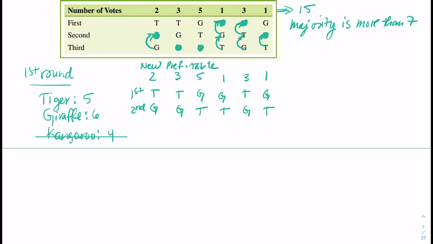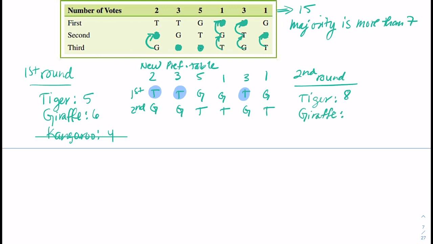All right, now we're going to hold a second round. This time we only have 2 of the animals to calculate. So tiger, we're going to look at how many first place votes we have. 2 plus 3 is 5, plus 3 is 8. So the tiger has 8 first place votes, and I already know that that is a majority. But we can also look at the giraffe.